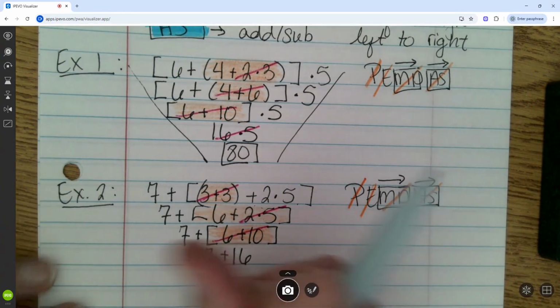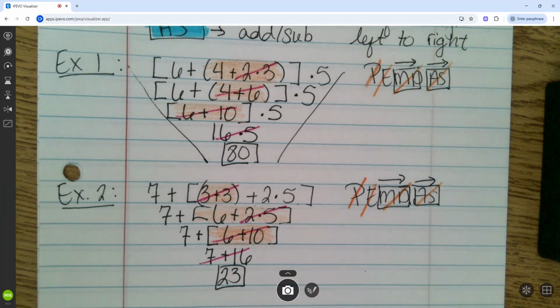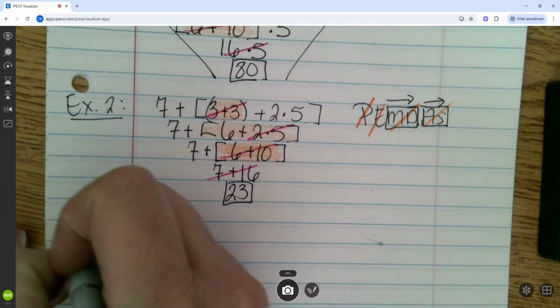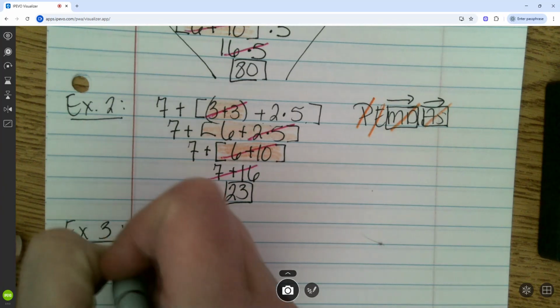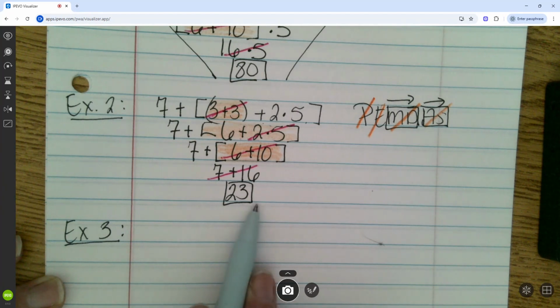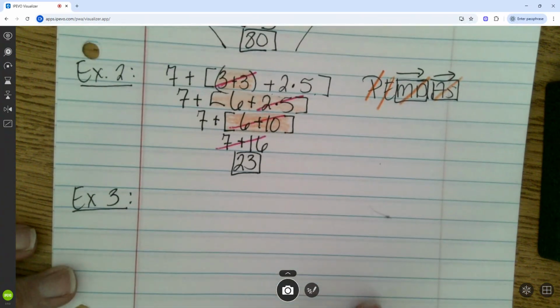And in this case, I am adding. So as you're solving order of operations, you'll see they will funnel down to one term, and that's how we know we are done. Now, if they're algebraic expressions, you might have an x plus 23 after combining like terms. This is just a numerical expression, so it's only numbers, and I will have a number in the end.